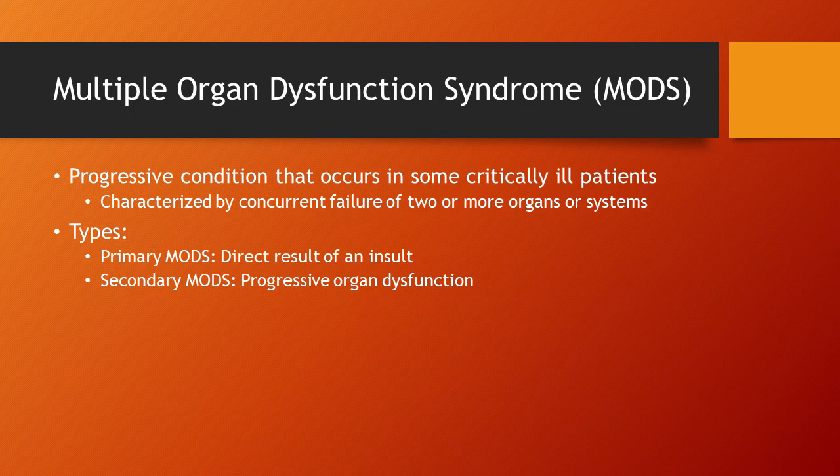Multiple organ dysfunction syndrome, or MODS, is a progressive condition that occurs in some critically ill patients. It is characterized by concurrent failure of 2 or more organs or organ systems that were initially unharmed. There are 6 organ systems that are surveyed in diagnosing: respiratory, hepatic, renal, hematologic, neurologic, and cardiovascular.